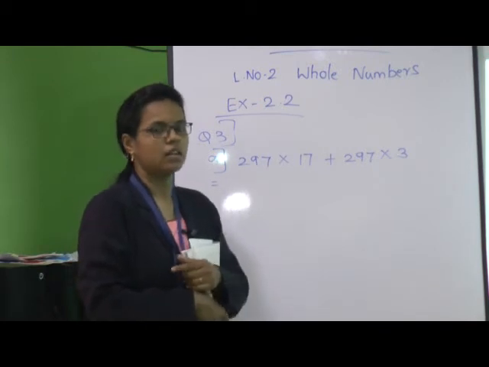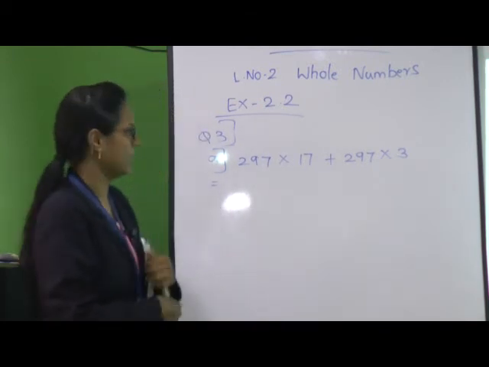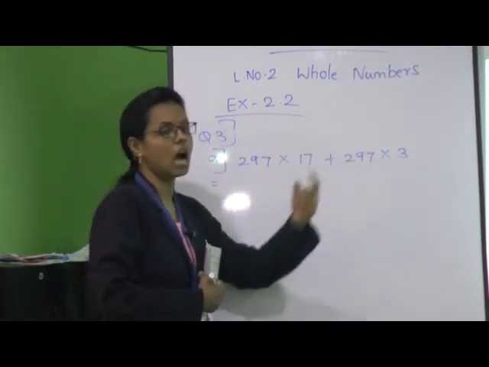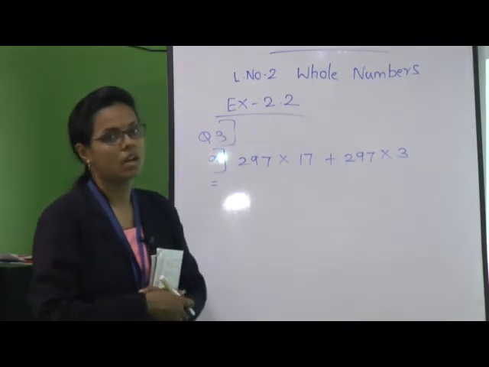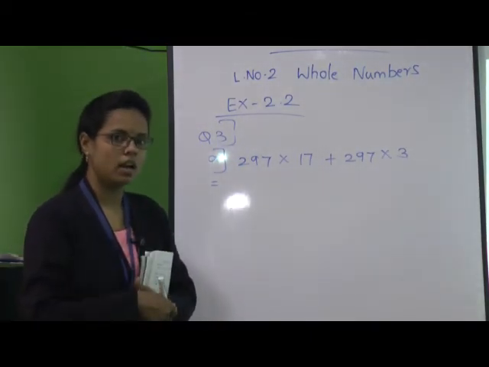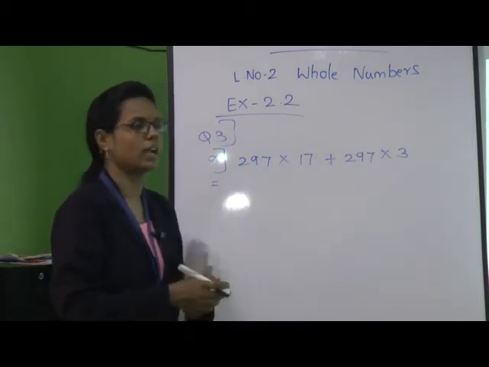Okay. Any other way? Okay. Let me explain to you. See here. Here 297 and 297 are the same numbers. We have the same numbers. So can we take this number as common? Can we take it as common? Okay. Let us solve.